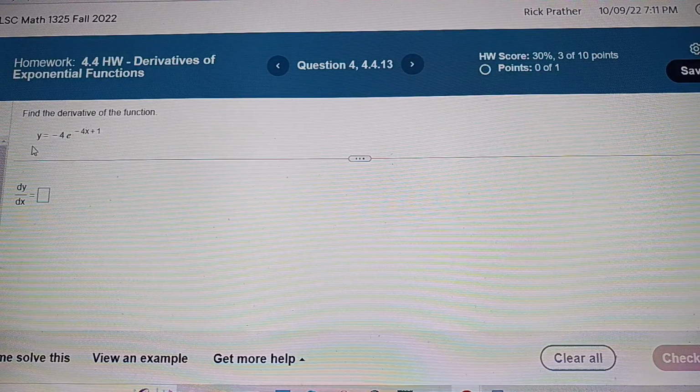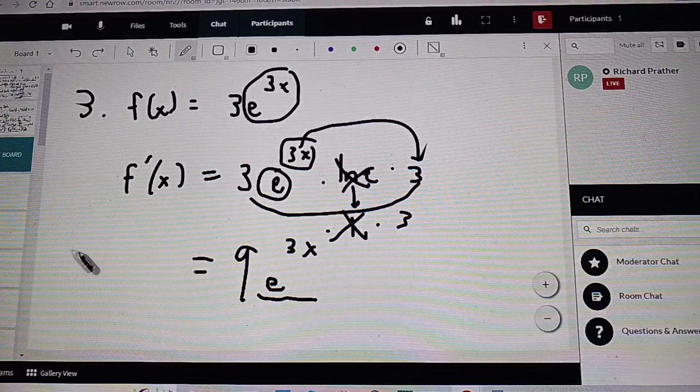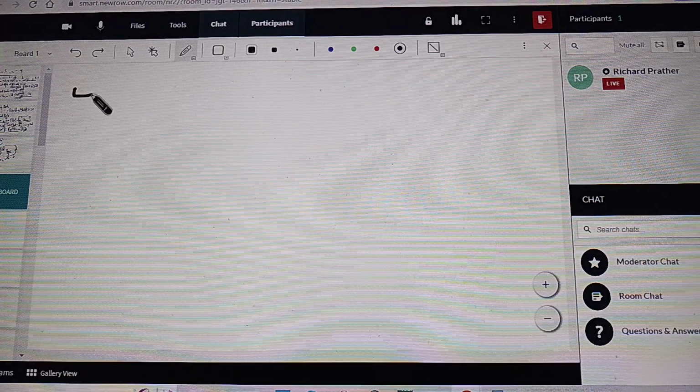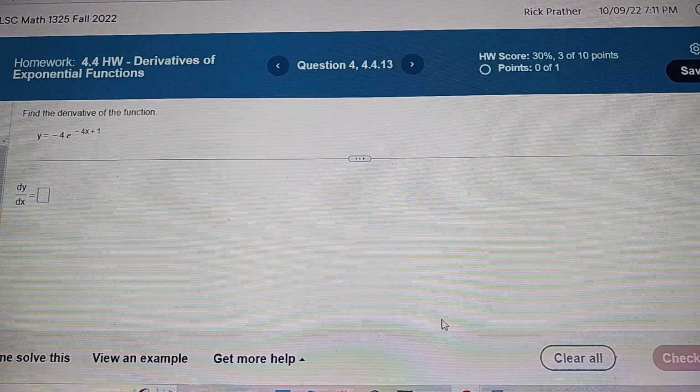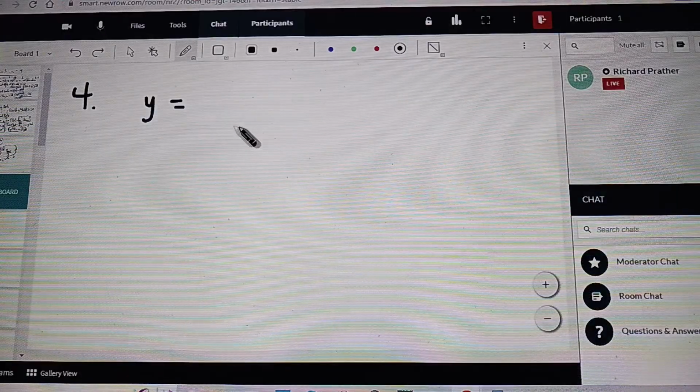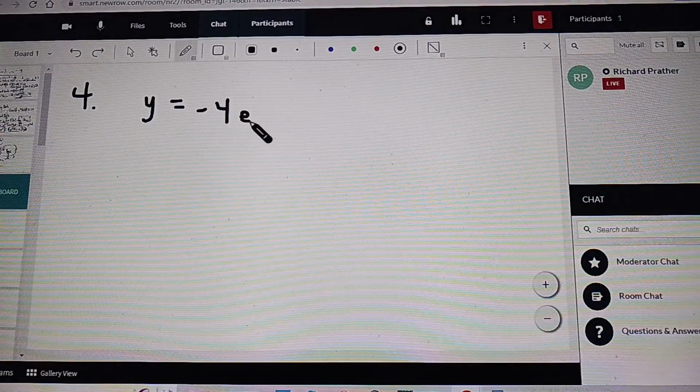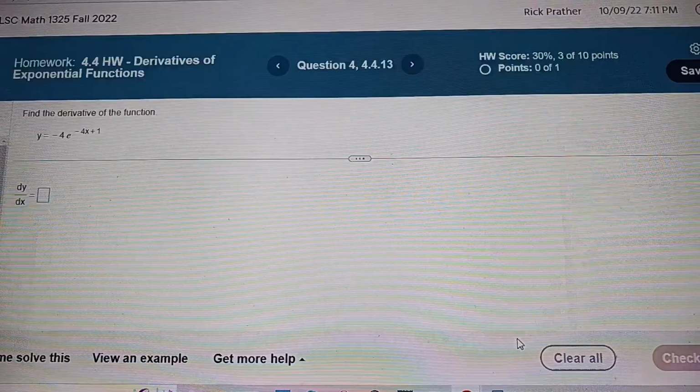Okay, number 4, y equals negative 4 e to the negative 4x plus 1.